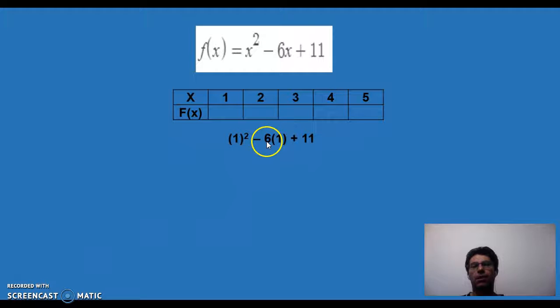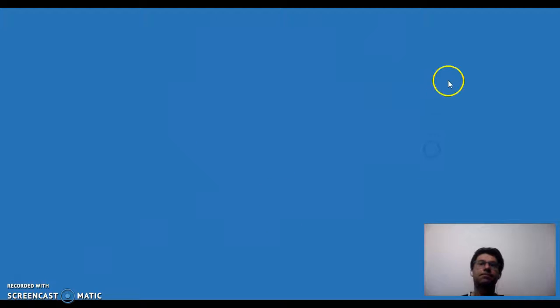Here we see minus 6 multiplied by 1, that is the value that we are giving to x, plus 11. 1 squared gives 1 minus 6 times 1, 6 plus 11. 1 minus 6 gives minus 5 plus 11, so the final answer will be 6. When x equals 1, f(x) equals 6.